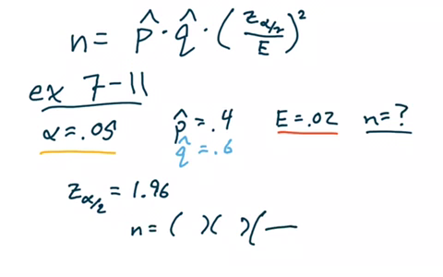Z subscript alpha over 2, all divided by E, and that whole thing squared. So that's the formula. We're going to substitute in 1.96 in place of z subscript alpha over 2. We're going to go back to here and plug in 0.02 for E.